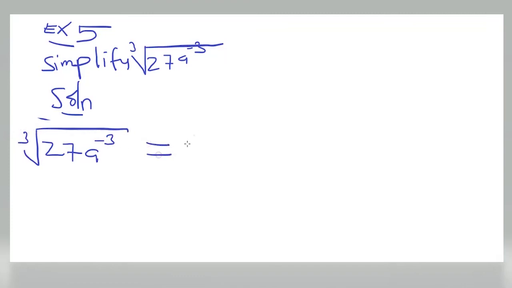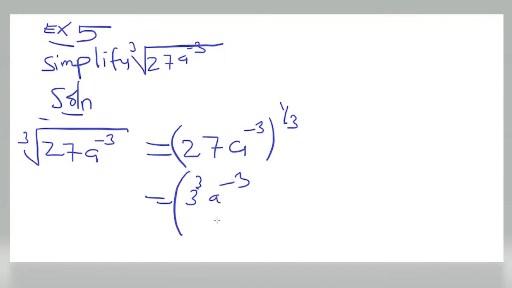Now this one is equal to 27 a power negative 3, then power 1 over 3. Then this one is equal to factors of 27. Of course, I've already showed you how to find the factors. Now I can just proceed to solve the question. Now this one is equal to 3 power 3, then a power negative 3, then power 1 over 3.